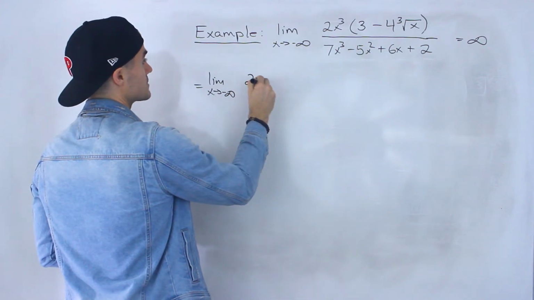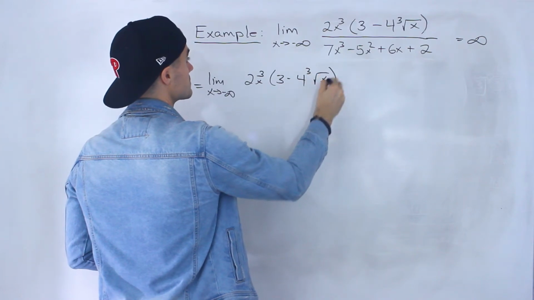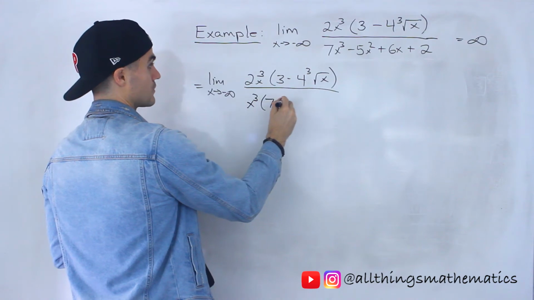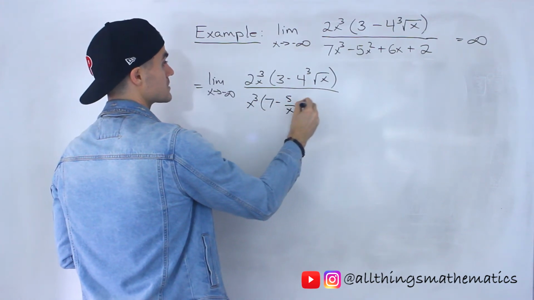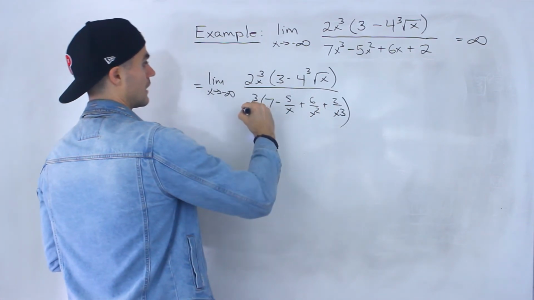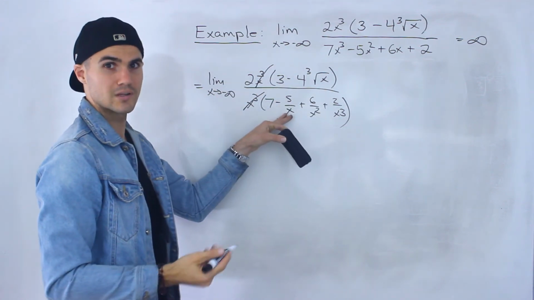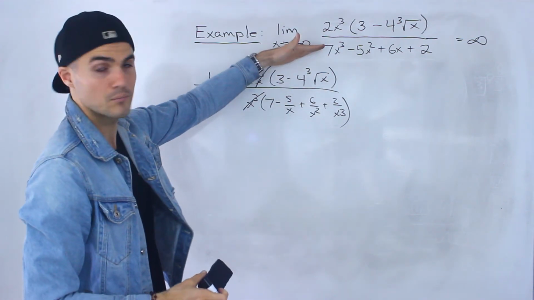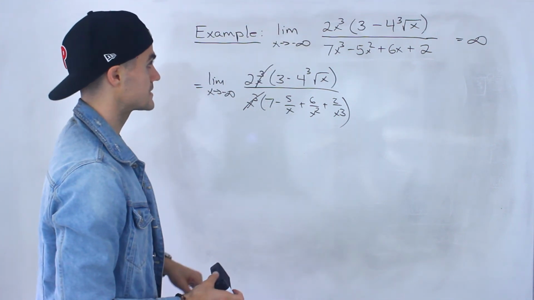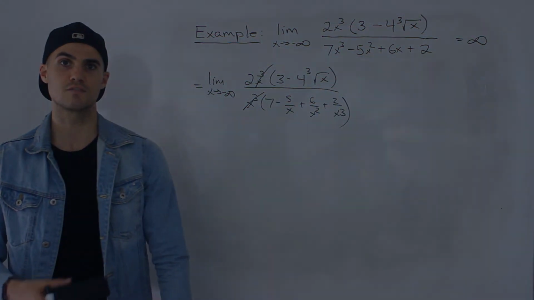So we'd have 2x to the 3 times (3 minus 4 times the third root of x), all over x to the 3 times (7 minus 5 over x plus 6 over x squared plus 2 over x to the 3). Then the x to the 3's cancel out, and we're left with the original expression we had when we divided everything by x to the power 3. Then you just follow the other steps we went through. Whichever way you do it, positive infinity is the final answer.